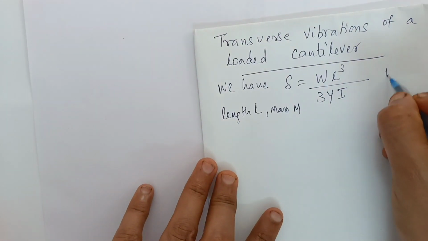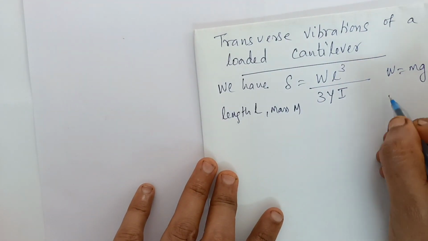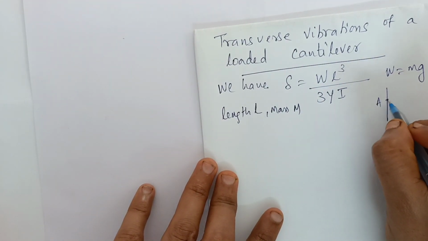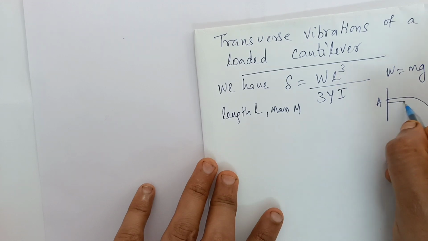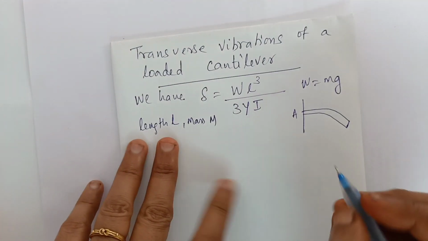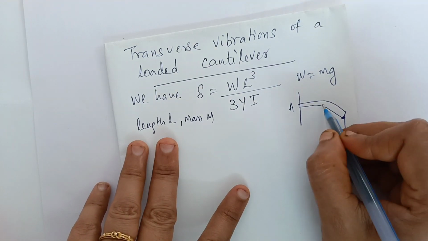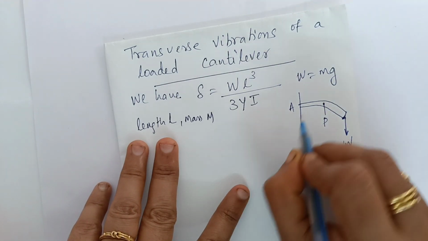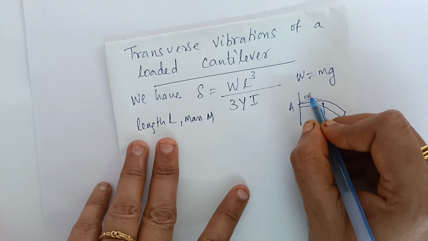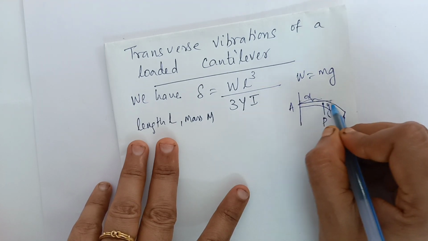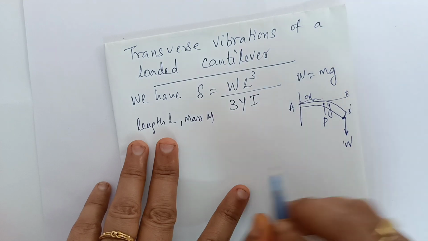We know W is equal to mg. We have clamped at point A. We have told that the weight mg is acting downwards, and we have considered a point P at a distance x, and this is B and this is B dash again.